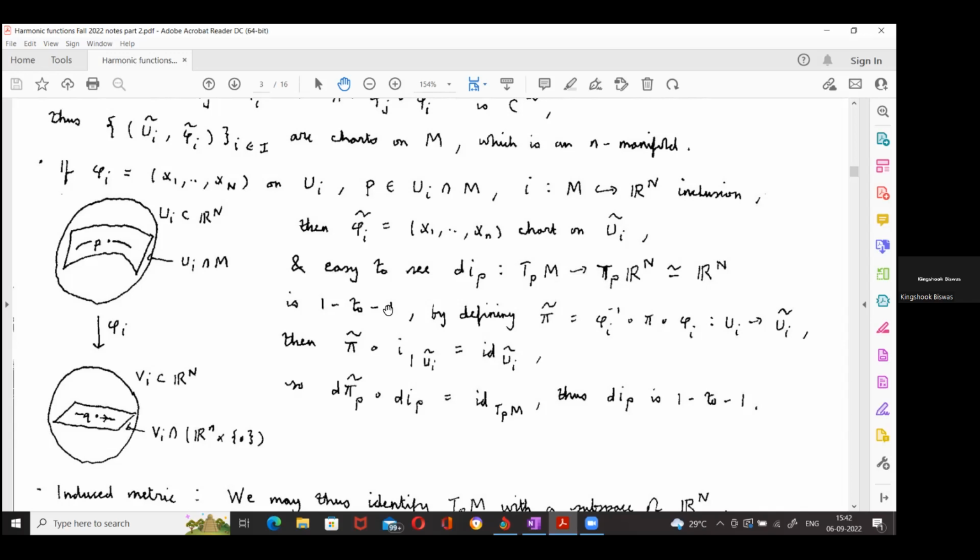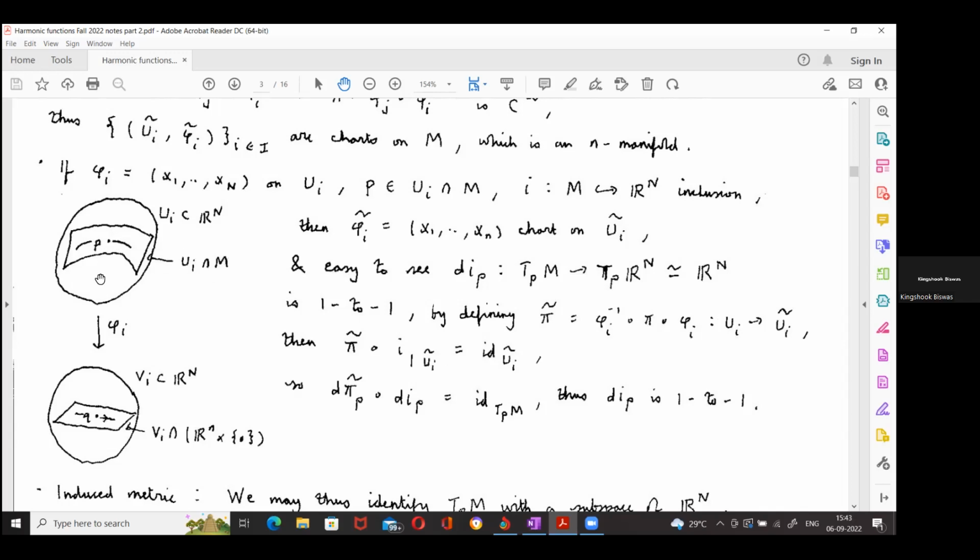This will be one-to-one because we can define a retraction from this ball ui into just the part of ui inside M. So this ui tilde is ui intersect M.